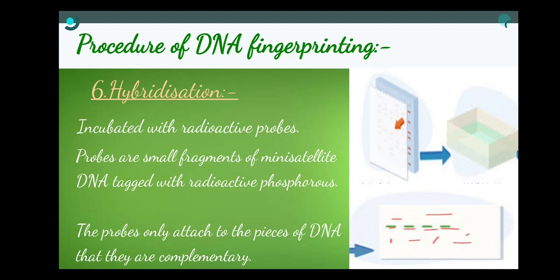When we take that nylon paper which has the single stranded small segments of DNA and put it into the solution of probe, the probes gradually attach to their complementary segments.